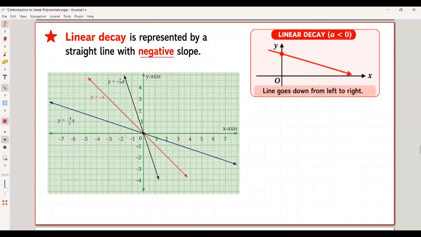That is called linear decay. You can see the example here. y is equal to minus 1 by 3, that means a is equal to minus 1 by 3, which is less than 0. Here minus 1, less than 0. Here minus 3, less than 0. The a value is everywhere less than 0. Therefore, this is negative slope, representing linear decay. The line is coming down from left to right.